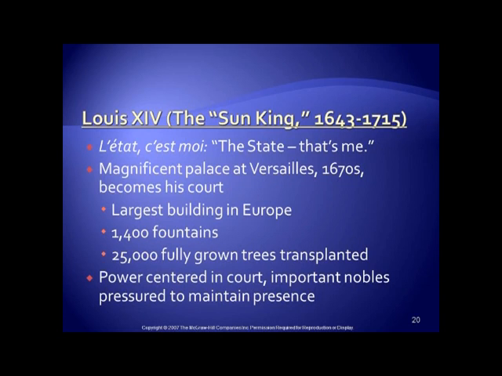And he kind of goes about doing his absolutism in a way that a couple other people do too, but he does it in spectacular fashion. And what he does is he builds this gigantic palace called Versailles. And like Tokugawa Ieyasu in Japan, or the next guy we're going to talk about, Peter the Great, he requires the nobles to come live there.